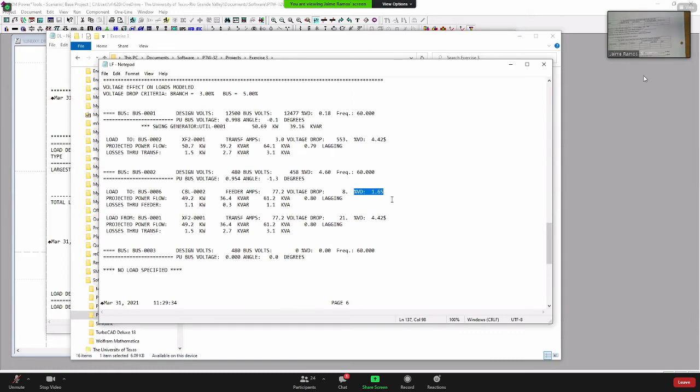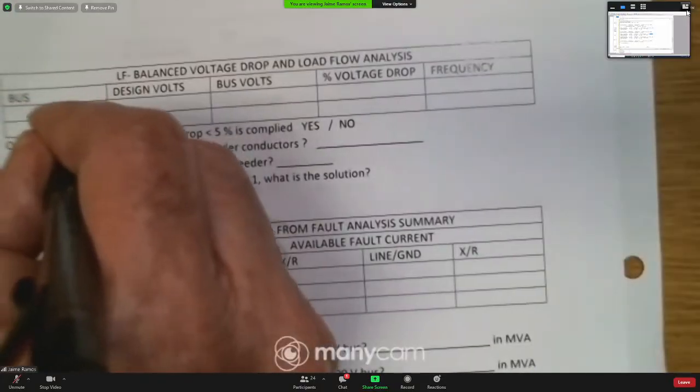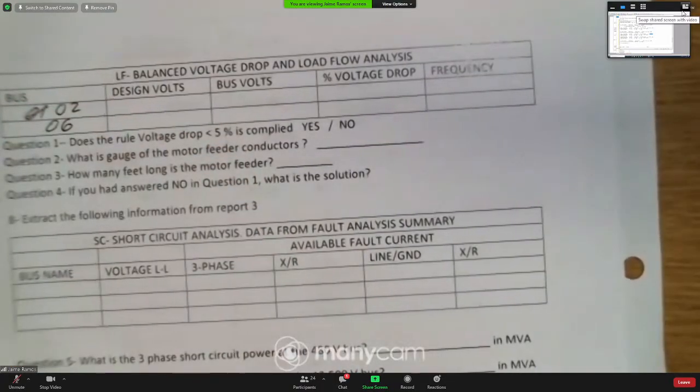So what should I write here? DL. So here we have bus 1. You can put bus 01, bus 02. No, sorry. Bus 01, bus 06. Design volts.